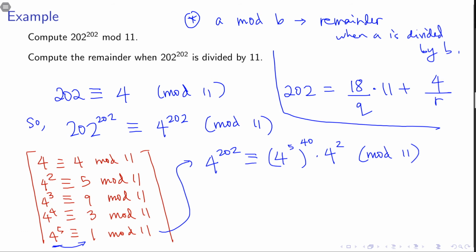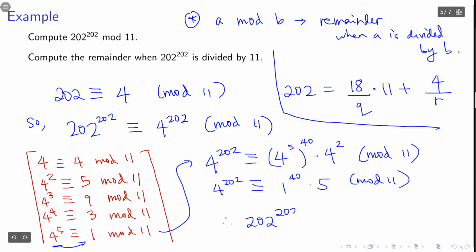Every time I hit the 5th power, it just disappears. So this is just 1 raised to 40, and 4 squared, as we see on the left as well, is 5. Therefore, 202 raised to the 202 is congruent to 5 modulo 11, and that's the remainder. And that's the power of these properties. We didn't have to evaluate this big power here.